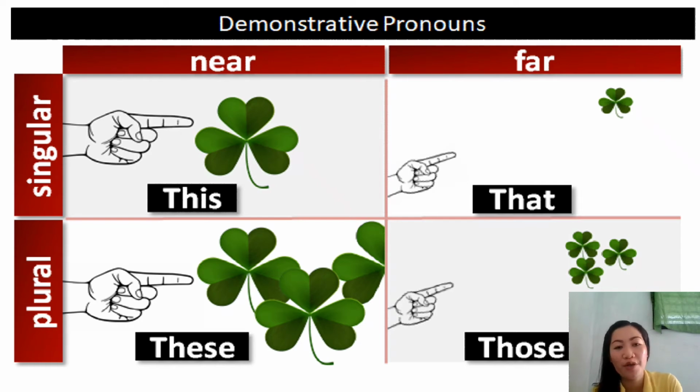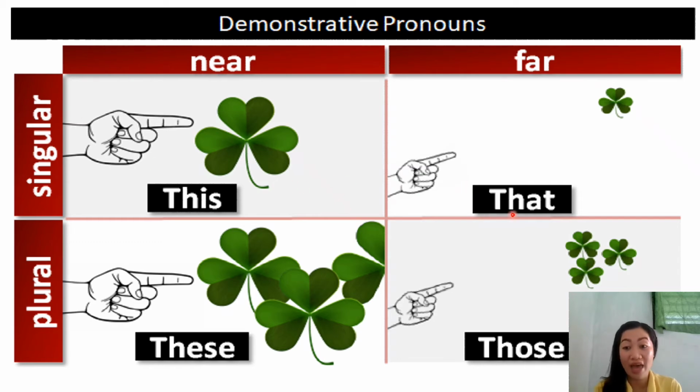We have this, that, these, and those. Alright, so when we say this, it means it's near, and we are referring to a singular noun.